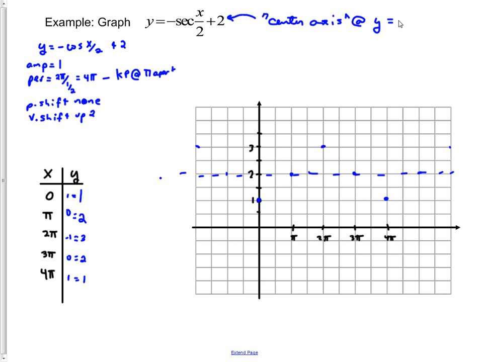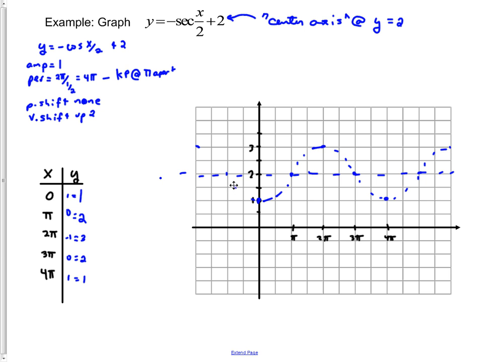It's the line y equals 2. And what's going to happen is if it were a cosine graph, the graph would start at 1 in one cycle, go towards 2, come up to 3, then come back down towards 2, through 1, and then head back up, and we would be seeing this.